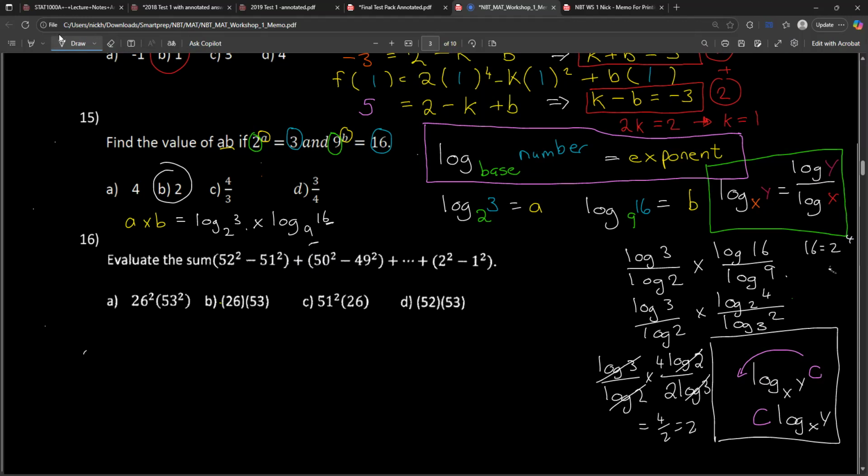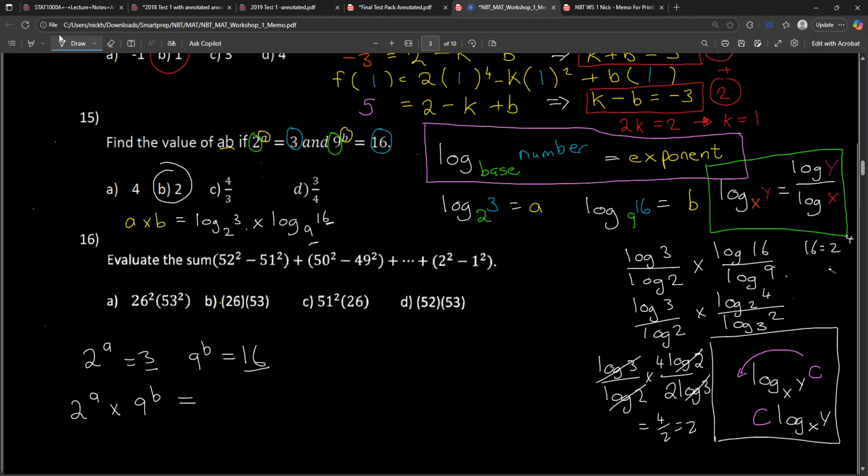So I'm going to write this again. You have 2 to the a equals 3, and you have 9 to the b equals 16. Now, what happens if I was to say 2 to the a times 9 to the b is equal to 3 times 16?